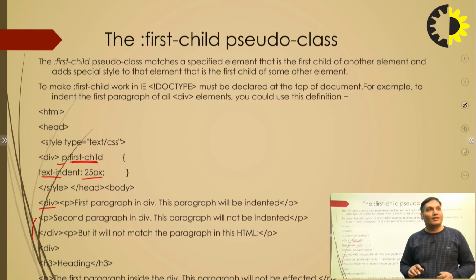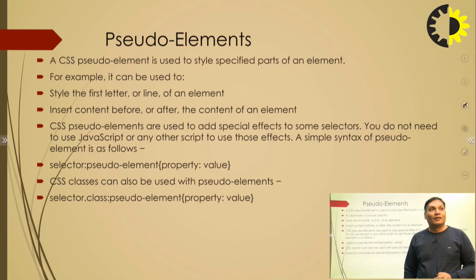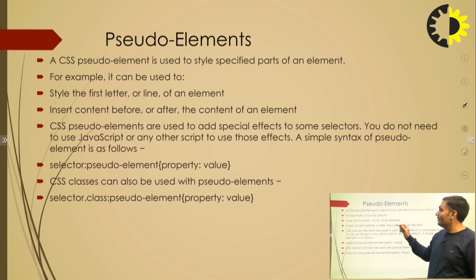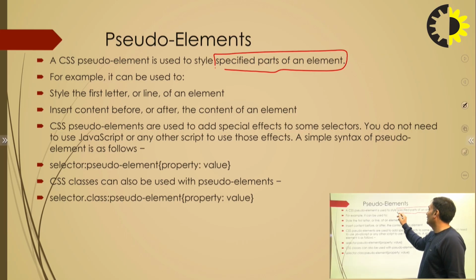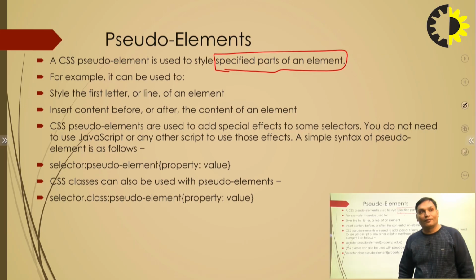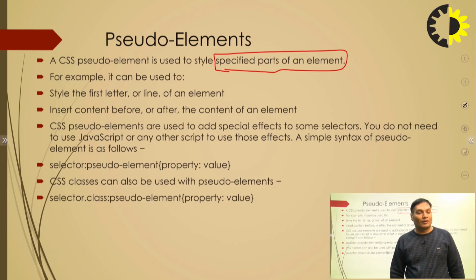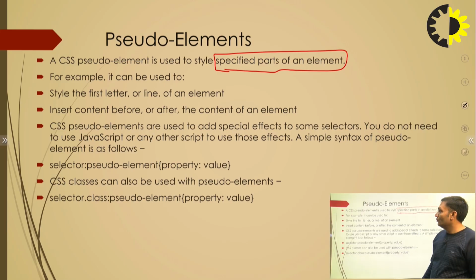Now in a pseudo element we are not changing the style based on the state, we are changing it based on the specified part of an element. This is important and this is the only difference between a pseudo class and a pseudo element. In a pseudo class we see the state and in a pseudo element we see only the specified part of an element.